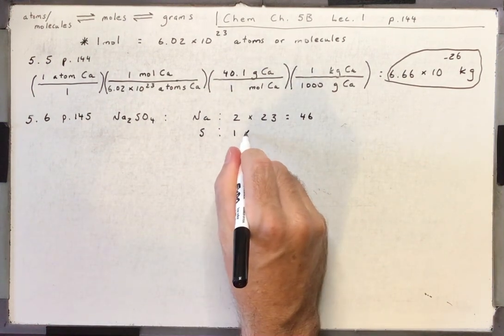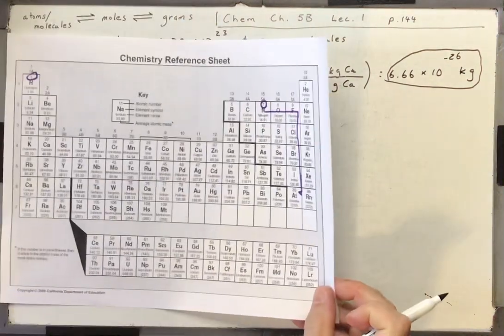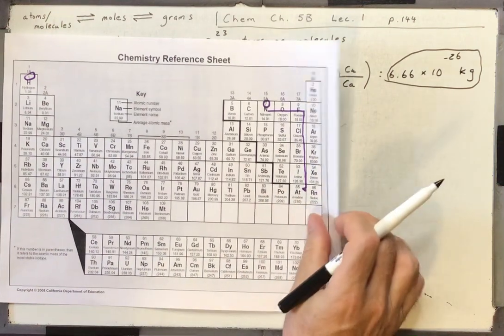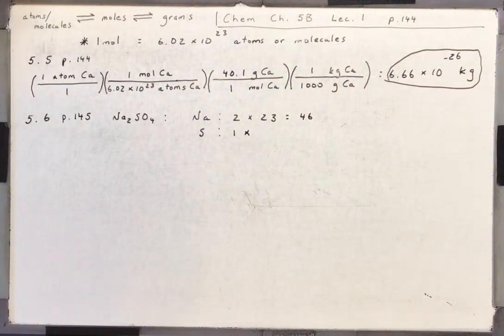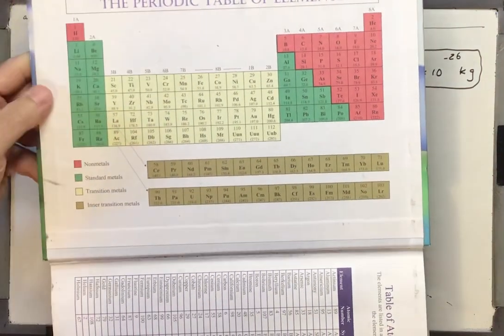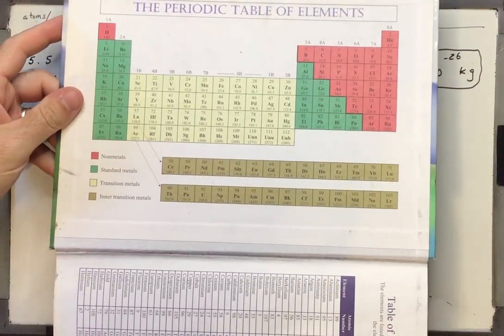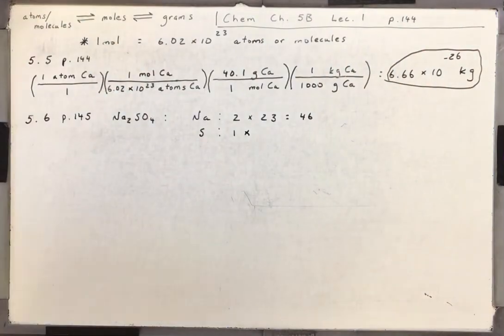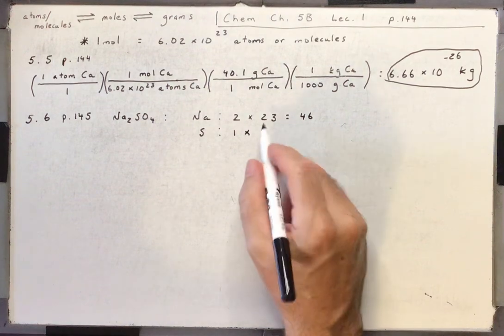So there's 1 times, and each sulfur, look at the periodic table, that's 32.1. We're rounding up. If you want to look at the rounded values to the nearest tenth, just go to your periodic table that is in the front cover of your book. Those are the numbers I'm using. You don't have to. You could do it 32.07.